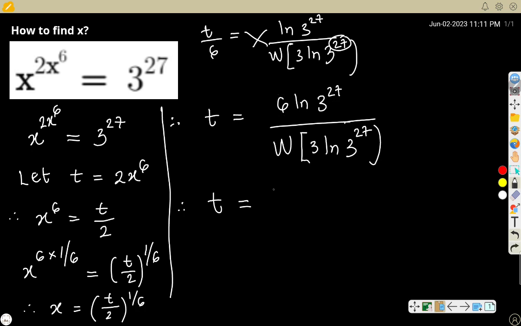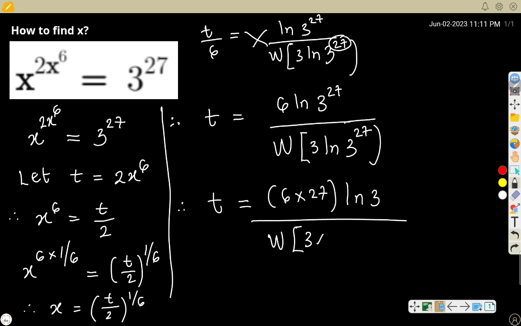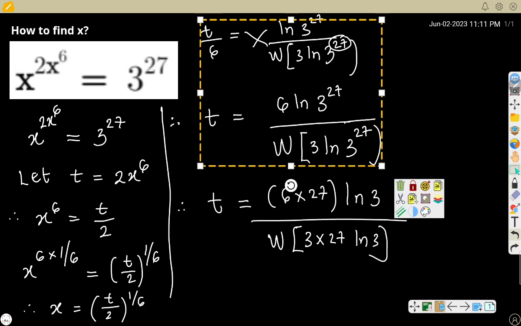Now I'm showing every step. That is why it will be long, so you can get it step by step. So 6 times 27, then W, 3 times 27 ln 3. So what is 6 times 27?